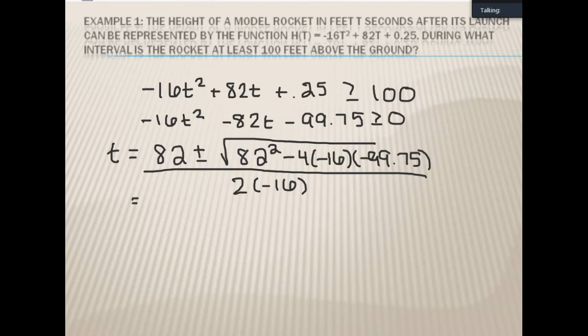So your discriminant value was 340. So you should get 82 plus or minus the square root of 340 all over negative 32. And then that's going to give you your two answers. You get 82 plus the square root of 340 divided by negative 32.